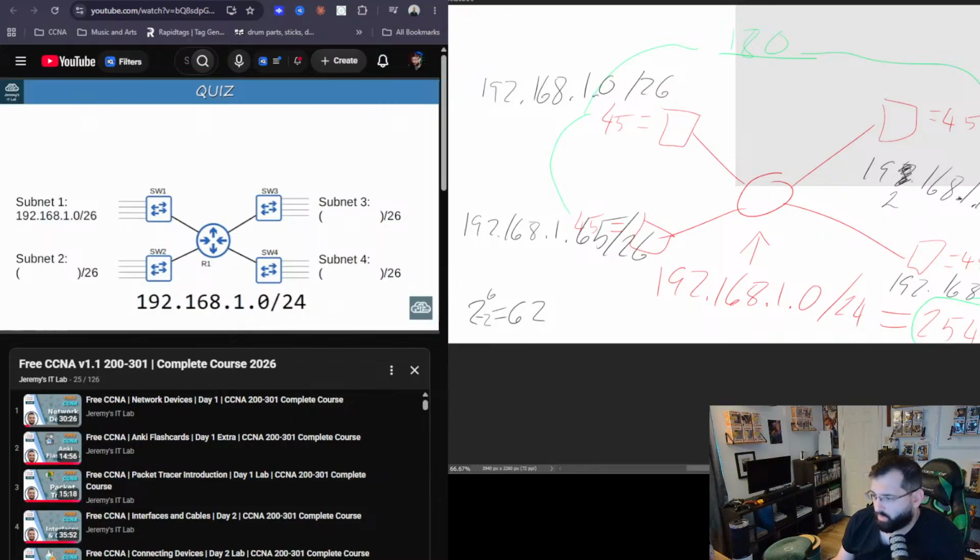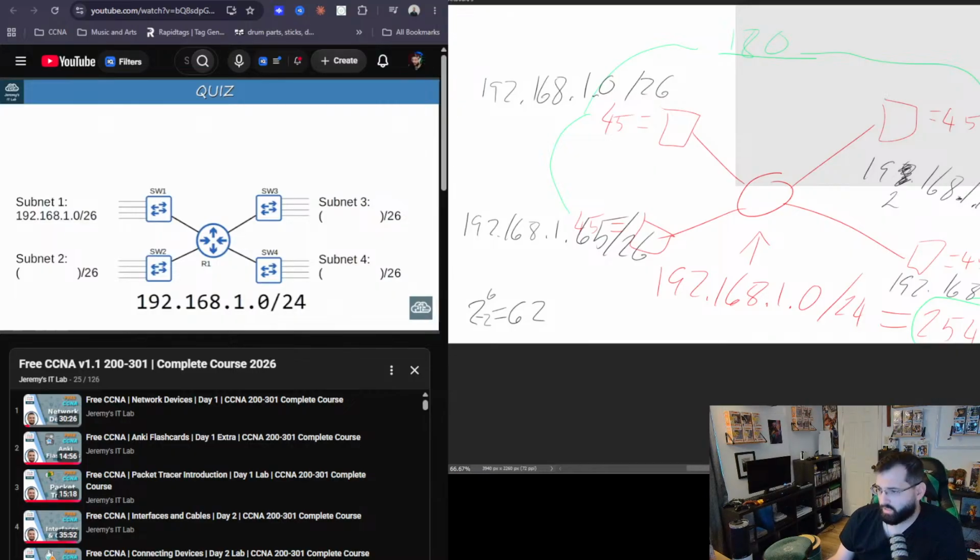So we have 192.168.1.0/24. That's what this is. So then we needed to figure out the subnet for each one of these. So this is the network /24. We're basically doing the subnetting of a subnet. So that means we have 254 addresses to divide amongst all of these. So we need a total of 180 addresses because this needs 45, 45, 45, 45.